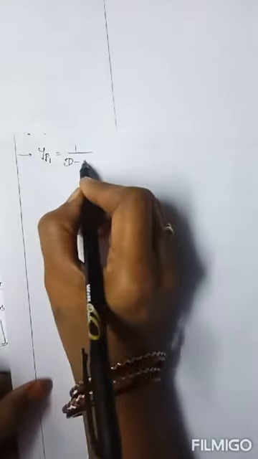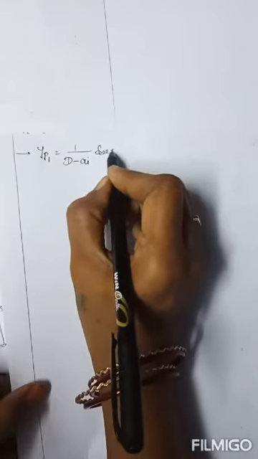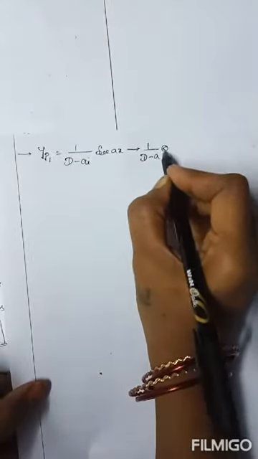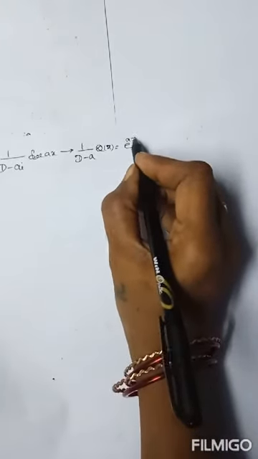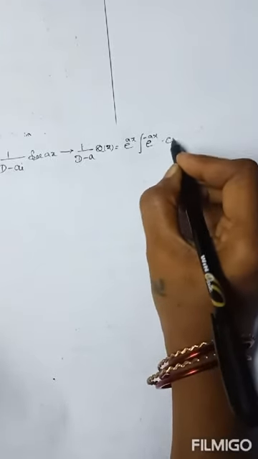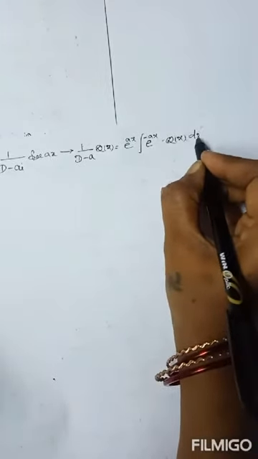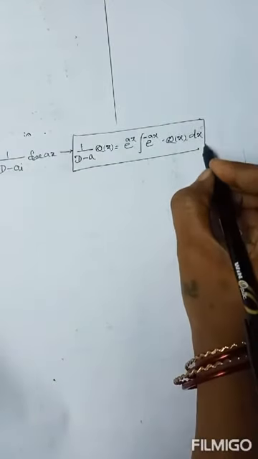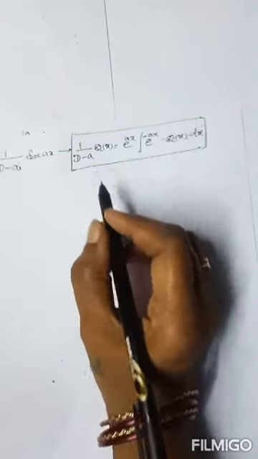So first yp1: 1 by d minus ai into secant ax. This is similar to the d minus a into q of x form. As per this rule, it is e power ax into the integral of e power minus ax q of x into dx. This is the formula for the general case, 1 by d minus a form.